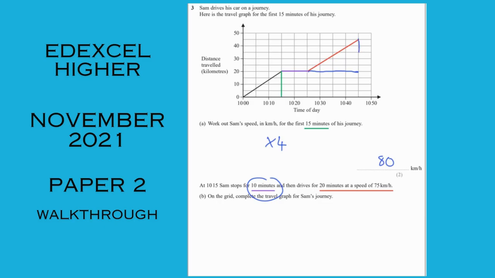So the height of this, you do 75 kilometres in 1 hour, you'll do 25 kilometres in 1/3 of an hour, in 20 minutes, in other words. So make sure you have your final coordinate of 10:45 along, 45 up.